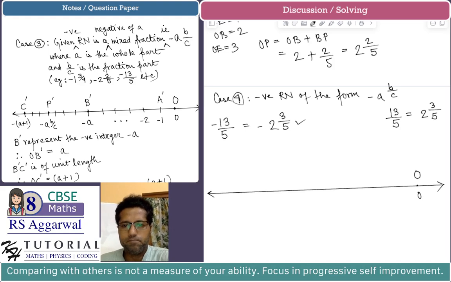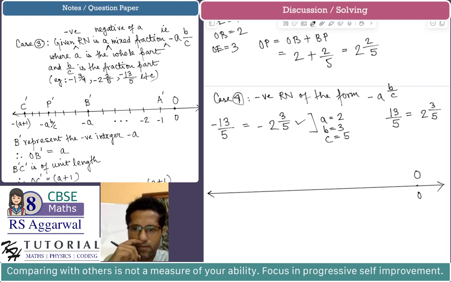So in this case, notice that a is 2. We are ignoring the negative sign. We know that it's a negative rational number, negative of 2 and 3 by 5. So a is 2, b is 3, and c is 5.